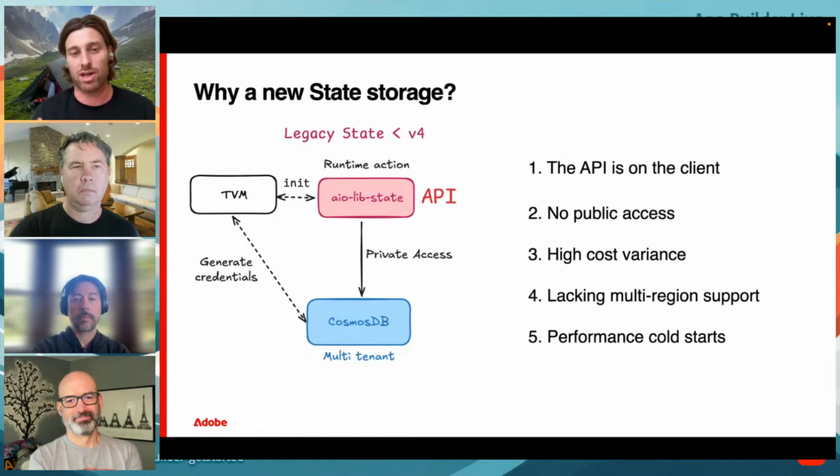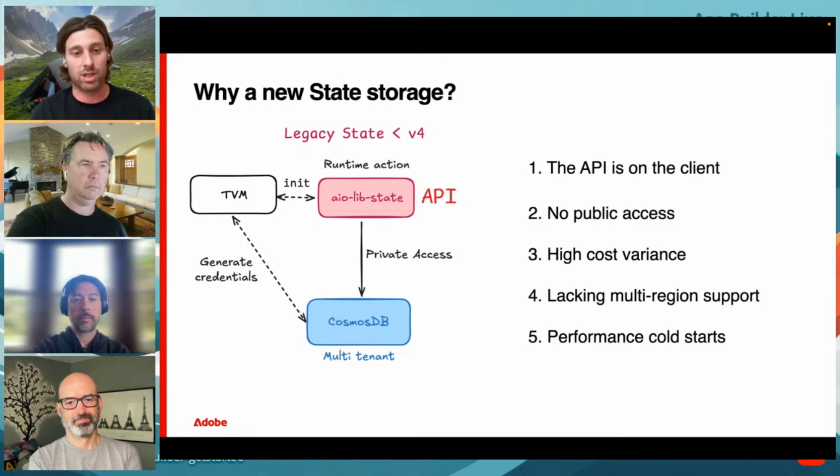And because there is direct access from the library to the infrastructure, we cannot expose a public endpoint or a public interface, which means that it's very hard for us to implement a management utility, like the CLI that we just talked about, or maybe in the future, a state management UI. And also because of this direct access, it's very hard for us to control and rate limit users in real time.